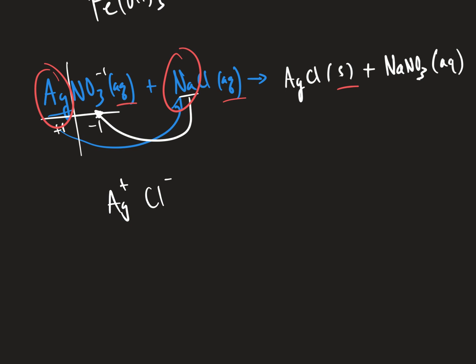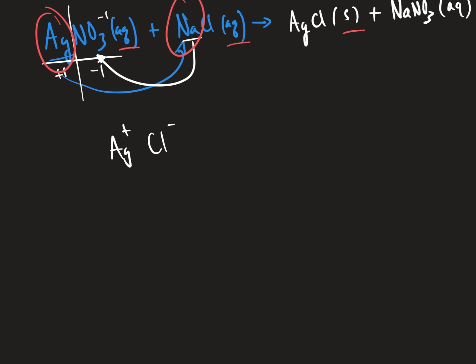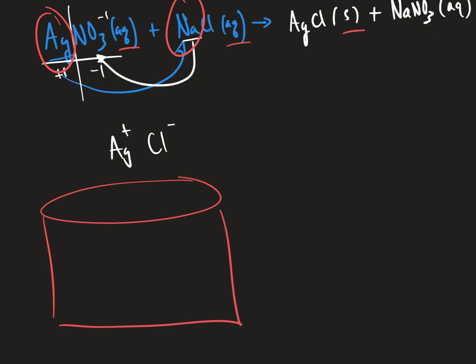All right. Now let's see what actually happens here. So if I have a container here, and I put silver nitrate and sodium chloride in it, so some water here.